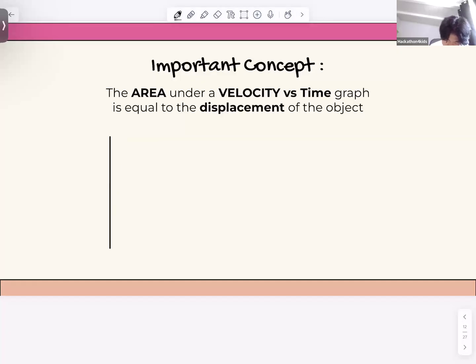Let's just draw a quick graph. Let's say 5 meters per second, and then this is time in seconds, so that's the most simple.